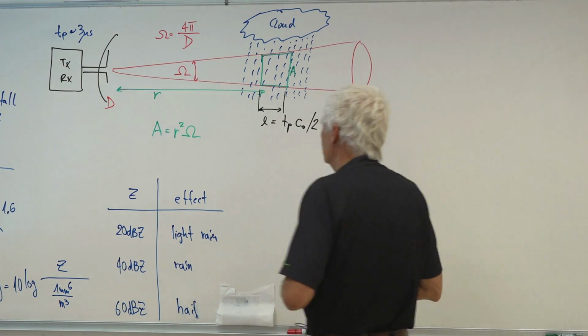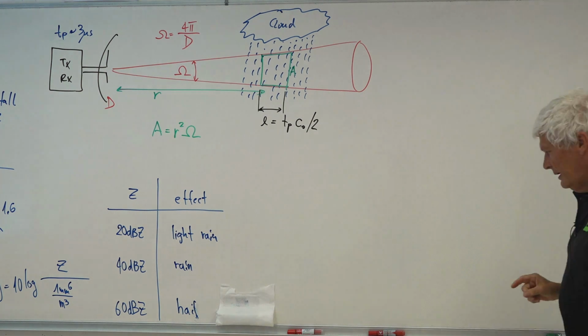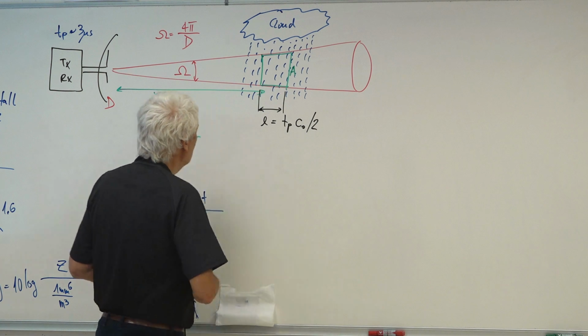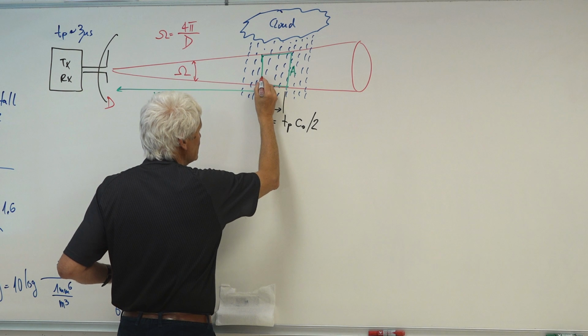Why divided by 2? Because I want the reflections to sum: when the pulse has finished, I get a reflection here.